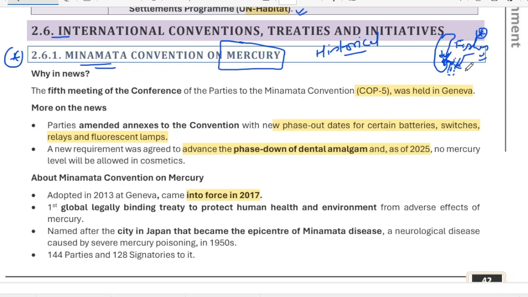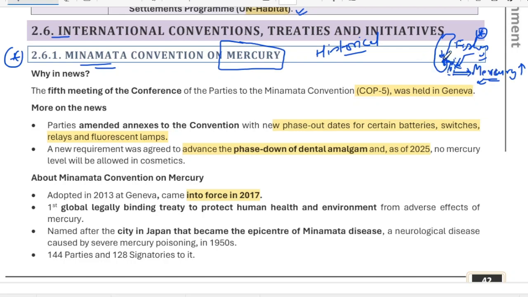What was the problem with these fish? They were found in an area of the sea where the level of mercury compounds was very high. So the main reason behind this disease was found to be mercury.